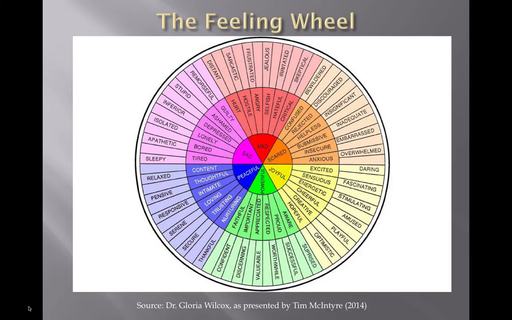This feeling wheel, which we looked at on Monday, breaks down some of the distinctions that we could go into. So, for example, let's go to a positive area, peaceful.